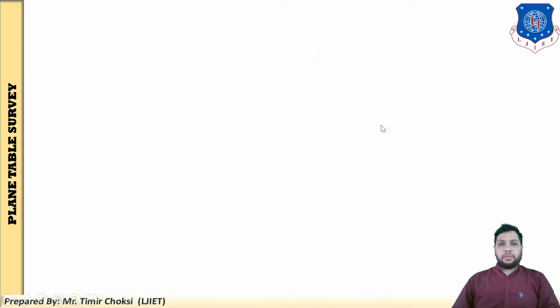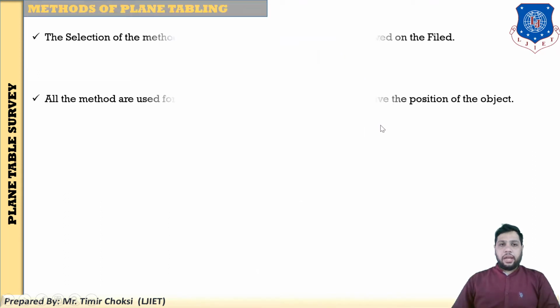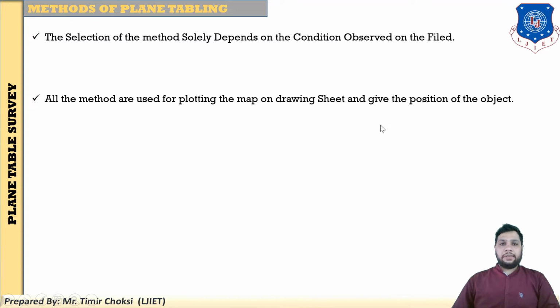Students, before I start this particular method, I will explain 2 very important sentences. The selection of method solely depends on the condition observed on the field. It means that depending on which type of field there is, you select one of the four methods of plane tabling.